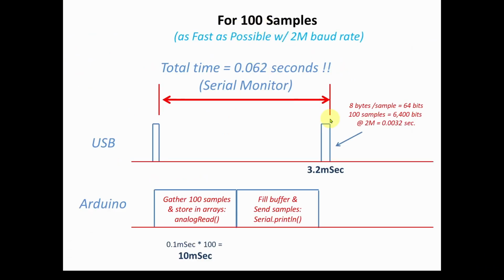So if you look at our timing diagram now with 2 million as a baud rate, the total time is 0.06 something seconds. So 60 or 70 milliseconds. We've got 10 milliseconds to do the reading, and the total time is only 60 milliseconds. So all of this takes a whole lot faster, and that's basically based on the serial monitor.